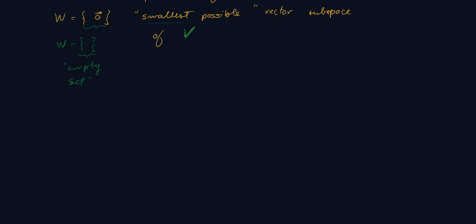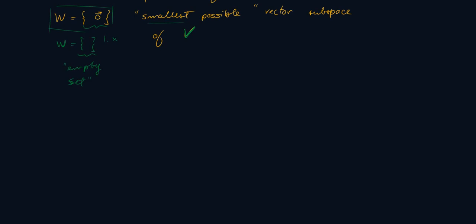It wouldn't satisfy any of the conditions, because first of all, the zero vector doesn't belong to it. Okay, so already it would fail condition 1. Okay, so what am I getting at with this?